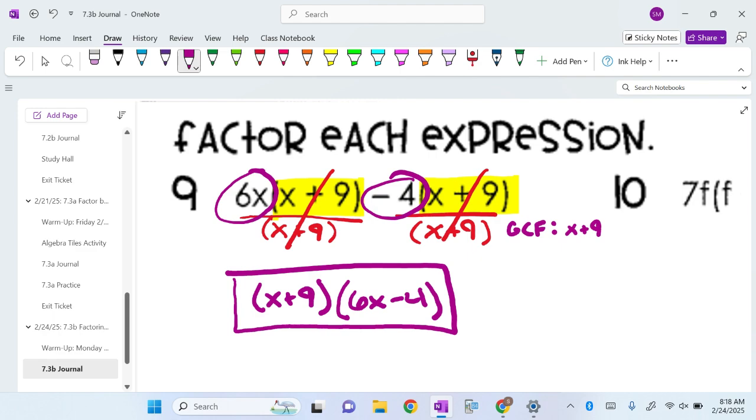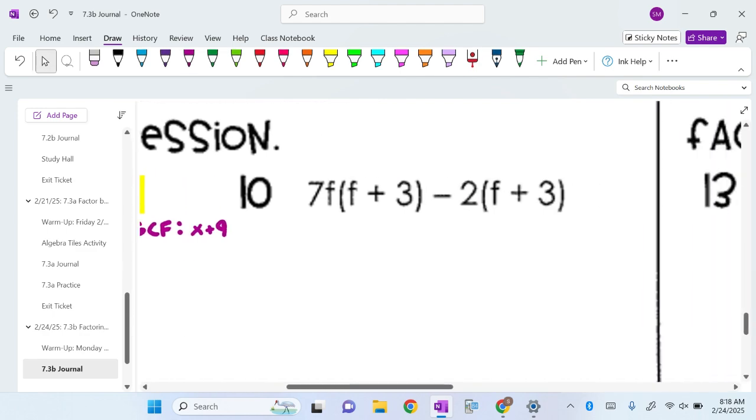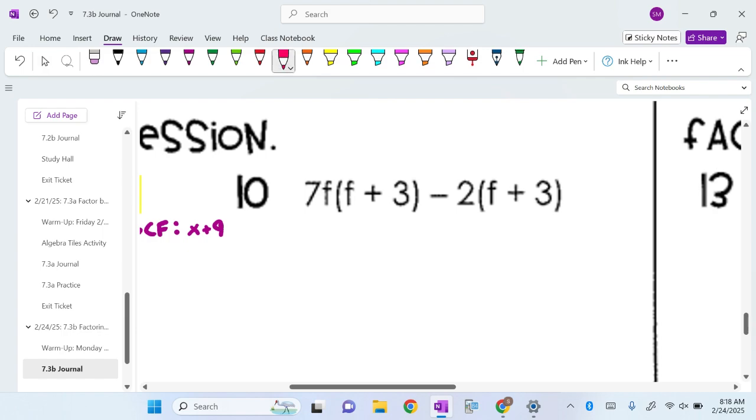Now, a trick that you will learn with factoring by grouping is that when you factor by grouping, you want what's in the parentheses to be the same.